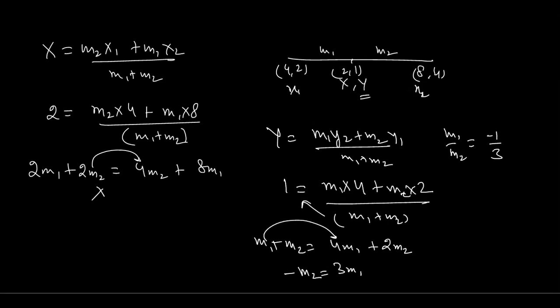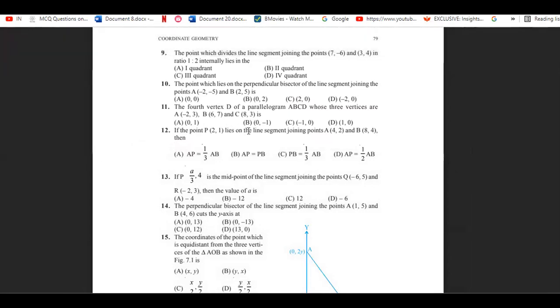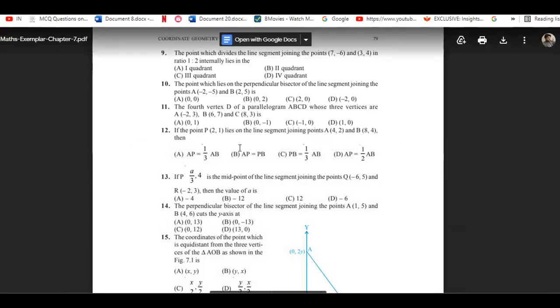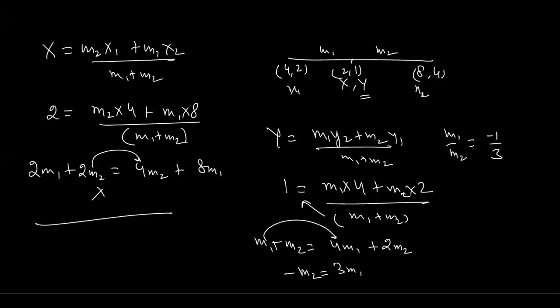So let's check whether the P point is lying in between these points. If P is the point that lies on the line segment joining this and this, then the ratio being negative is not possible. So there might be some mistake in the question. This is A, this is B, and I am saying that this is the ratio dividing the line segment into -1 and 3.